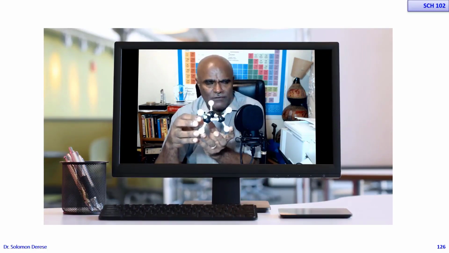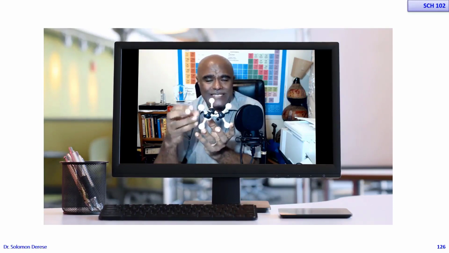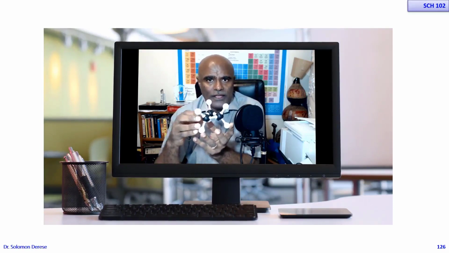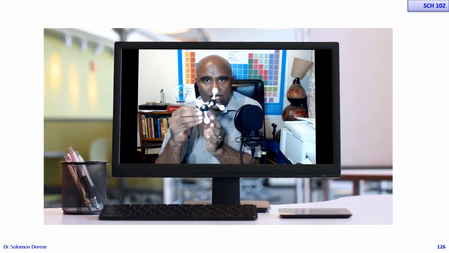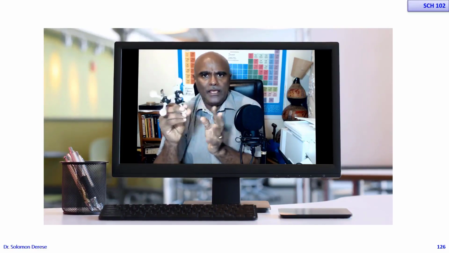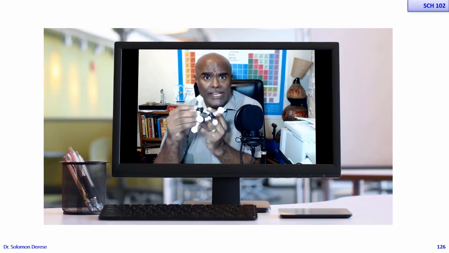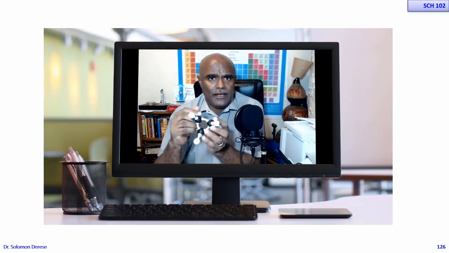That's why it is very, very unstable. The most unstable of all the rings is the three-membered rings. The three-membered rings, because of the strain in the ring, they usually undergo ring opening reactions in order to relieve the strain in the ring.